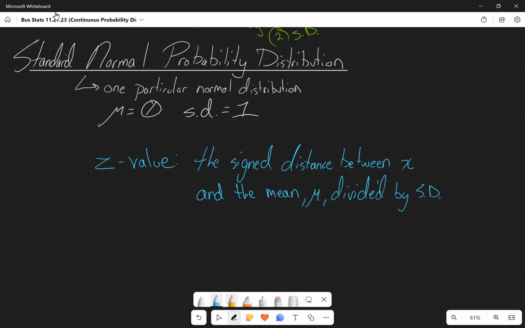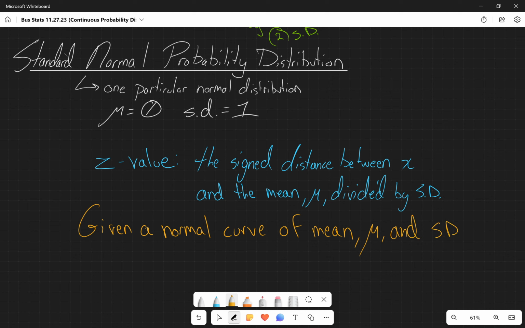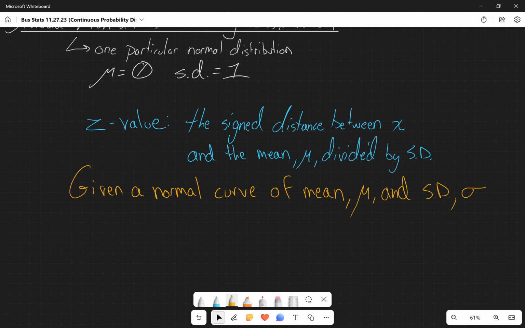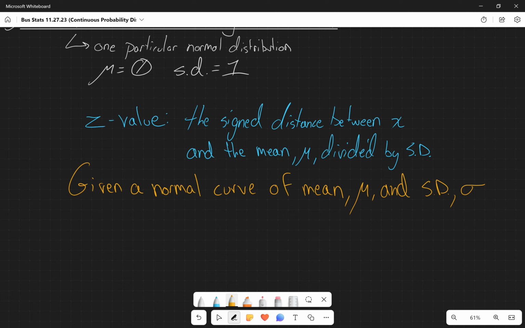So when we have a normal curve of a mean that is mu and a standard deviation that is represented by sigma, then we can convert this to provide a standard normal value by doing this z-value process.